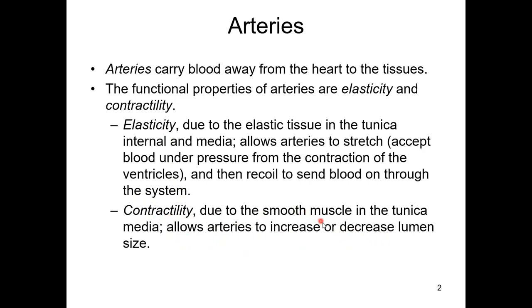Smooth muscle cells narrow the lumen in case that blood vessel is cut. We'll be seeing roles for vasodilation, vasoconstriction in later chapters as well. So these two properties, elasticity and contractility, are coming from the walls of the arteries.